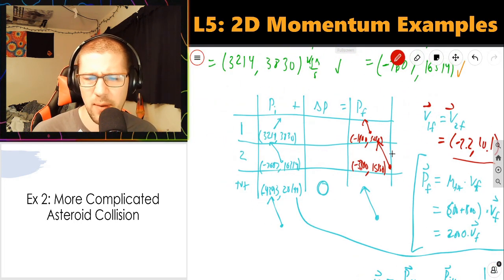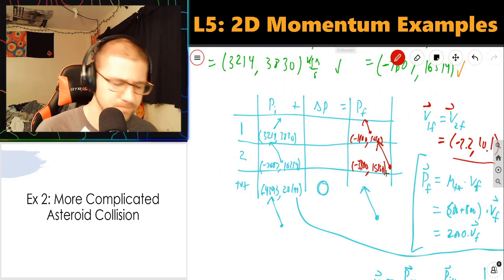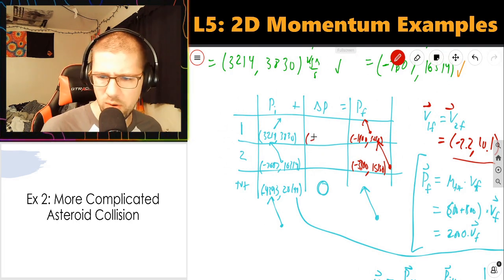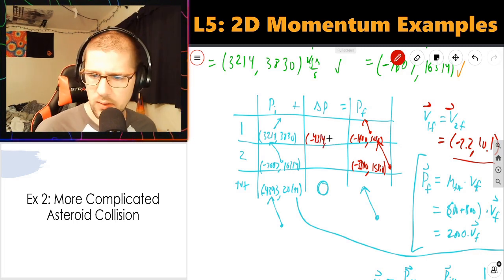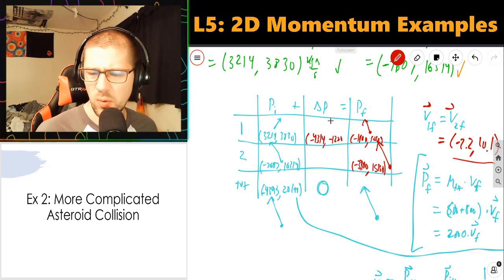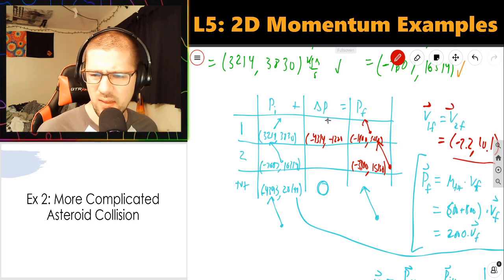So the change is just final minus initial. I get negative 4314, comma, negative 1220, which is a vector that is going down, but mostly to the left. Nice.